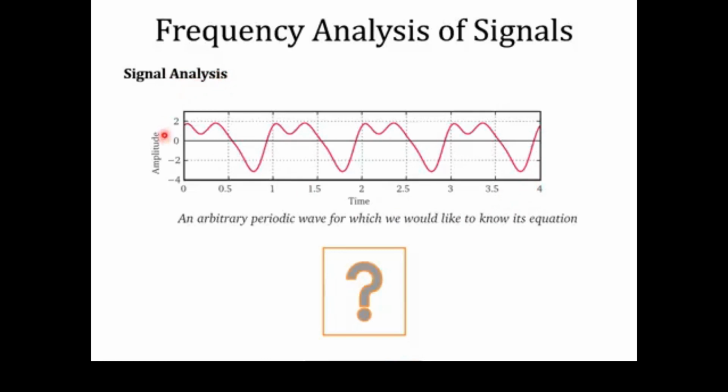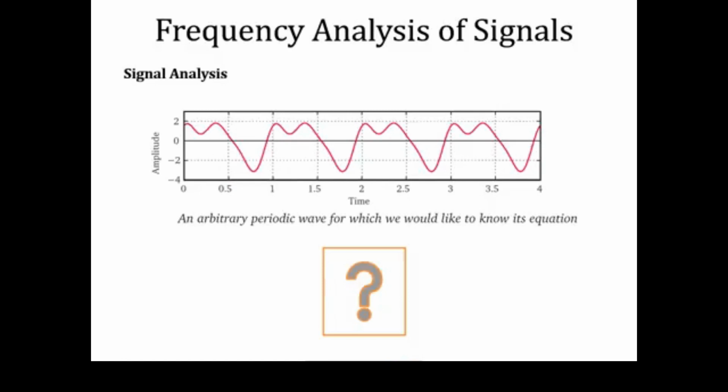If somehow we analyze our signal and express it in the form of sinusoidal components, then we can express it mathematically because we already know the mathematical model of a sinusoidal signal. It has three parameters. It has some amplitude, some frequency value, and a phase value.